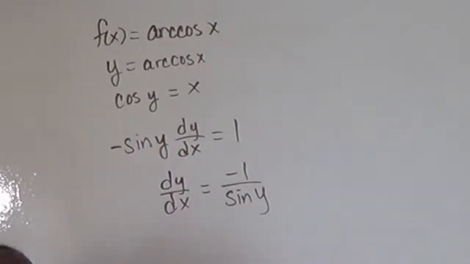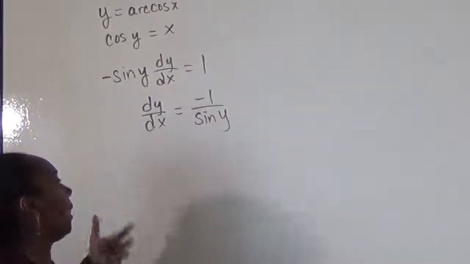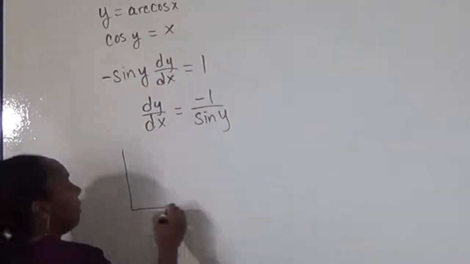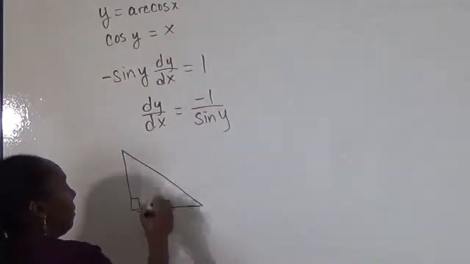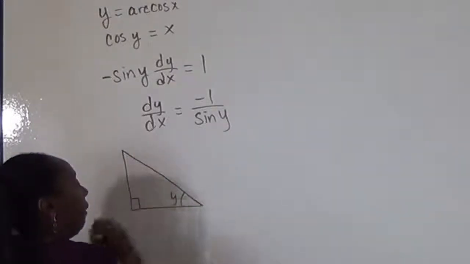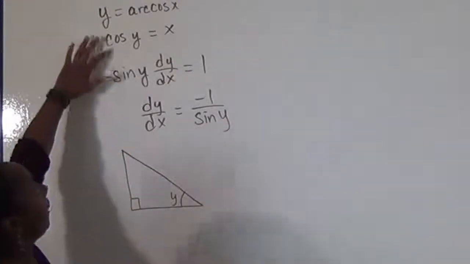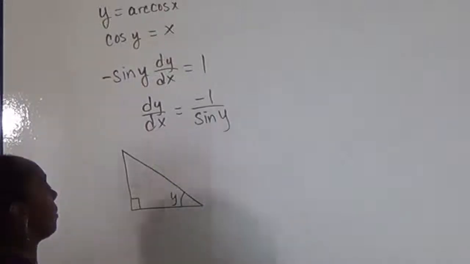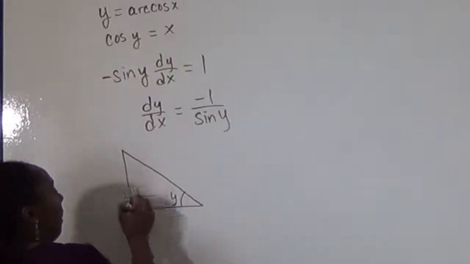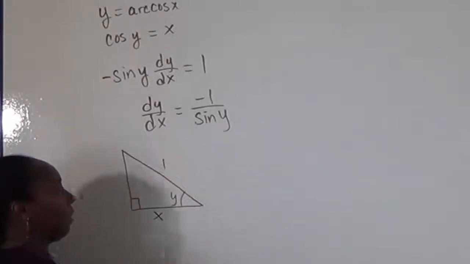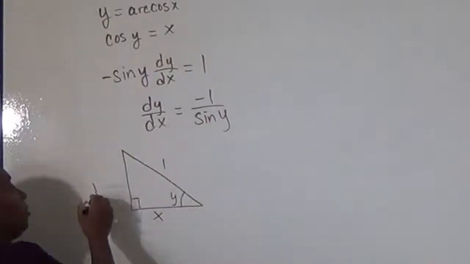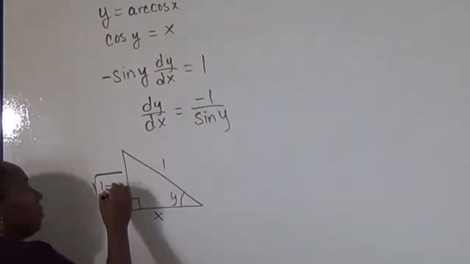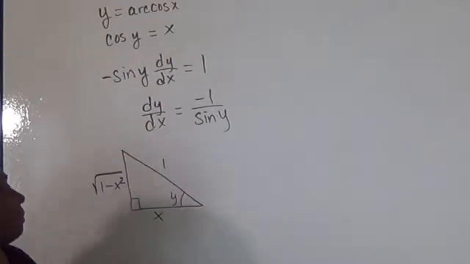Again, because of the variable that's our domain variable, we want this in terms of x. So again, we can go back to our triangle and look at our angle y. Cosine of y we know is going to be x. Cosine is adjacent over hypotenuse, which when we use our Pythagorean theorem says that the other side is the square root of 1 minus x squared.